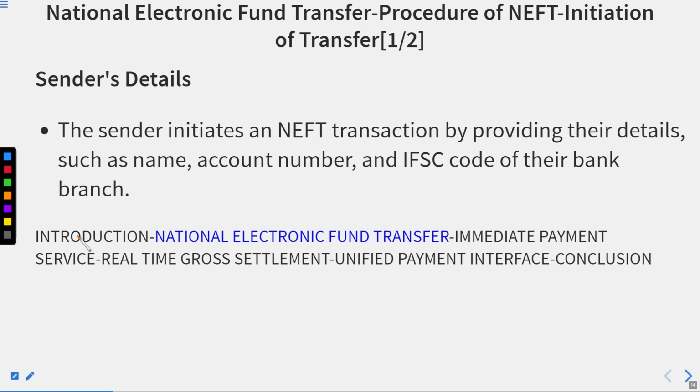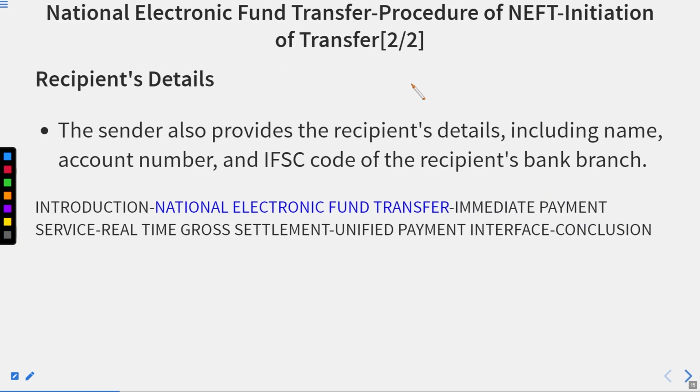Sender's details means you will first provide your name, thereafter your account number, then the IFSC code of your bank branch. These are the details you are required to fill while initiating the NEFT transfer.